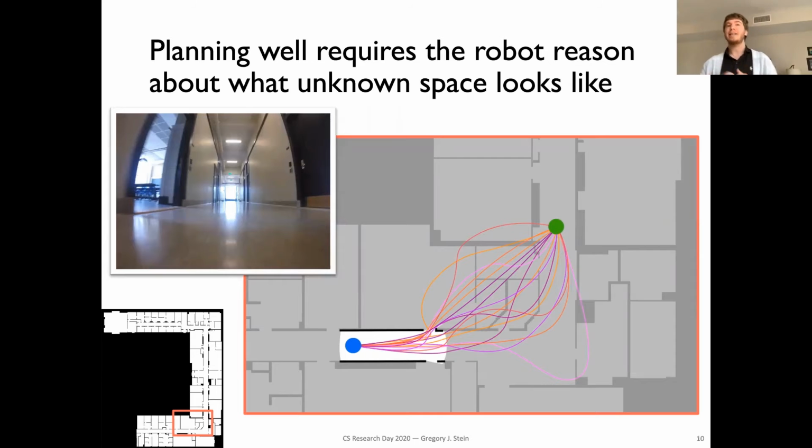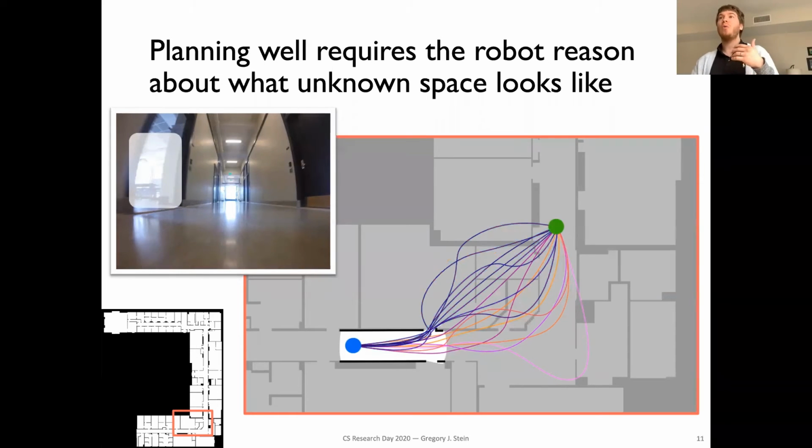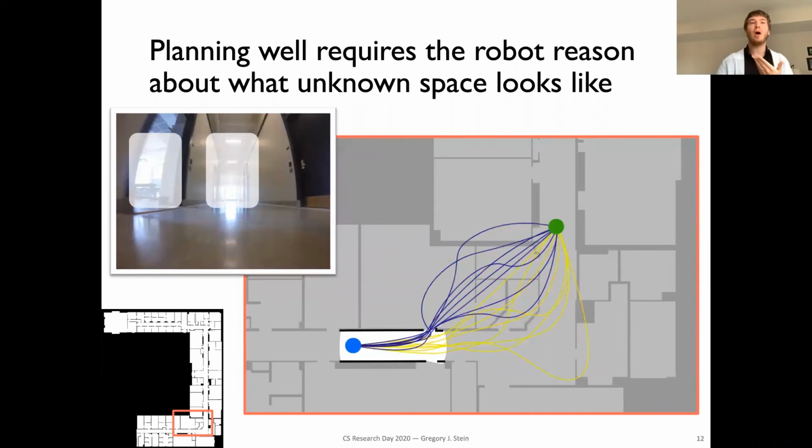Now, the robot is trying to ask itself which of these many trajectories is best. A very difficult question to answer in general because it requires that the robot make predictions about all of unknown space. But as a human, you probably are thinking to yourself, well, I don't plan this way. Instead, the decision that I indeed presented to you at the beginning of this brief talk is about whether you enter the classroom or whether you continue down the hallway.